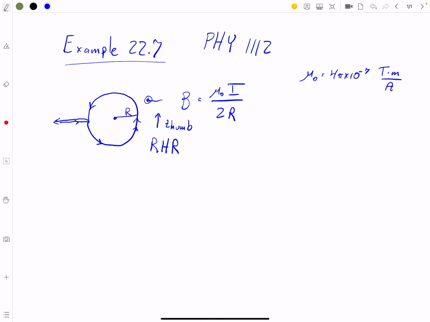So the field then for each point along this is going to be, inside, it's going to go up, right? It's outside that the field goes down into the page.